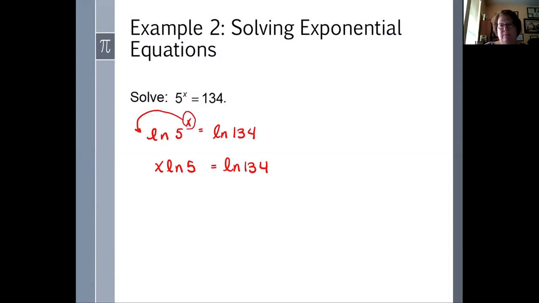It's going to be a decimal, an irrational number. So I can only get a decimal approximation to it, but it is just a number. So if I'm multiplying x times the natural log of 5, I can divide both sides by the natural log of 5. It's just a number. So I'm going to do that.